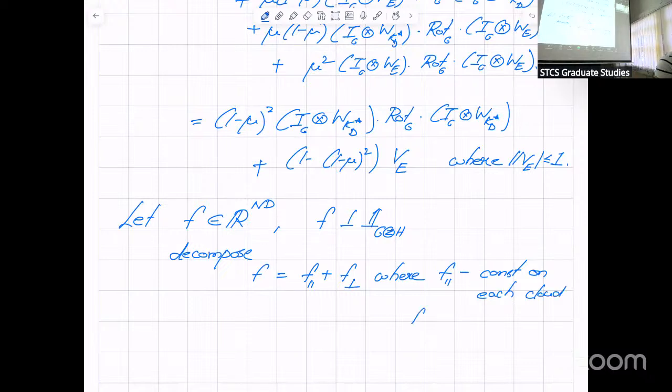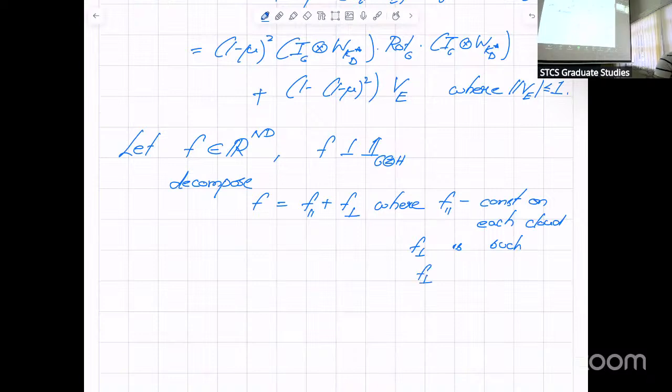And F perp goes from the average back to the original F. It's the difference vector. So F perp, with respect to every cloud of V, is orthogonal to the all-ones vector on the cloud of V, for all V in N. It's the old decomposition which we did.